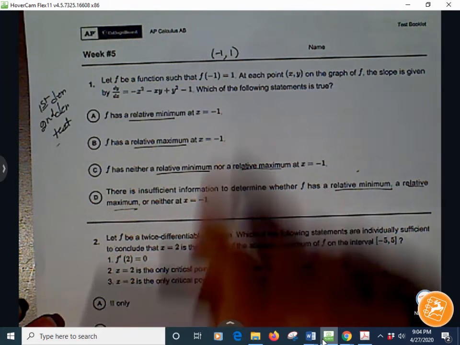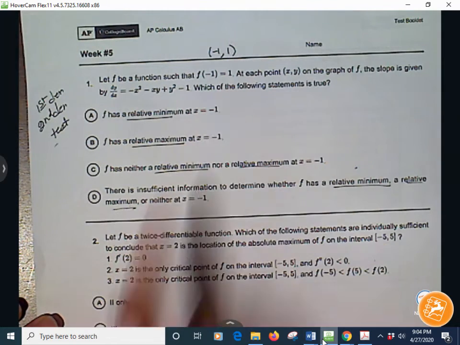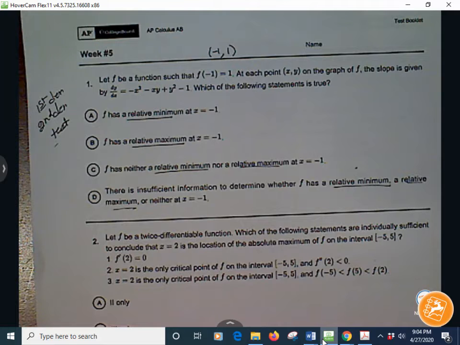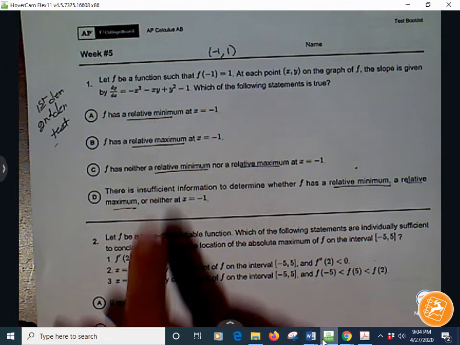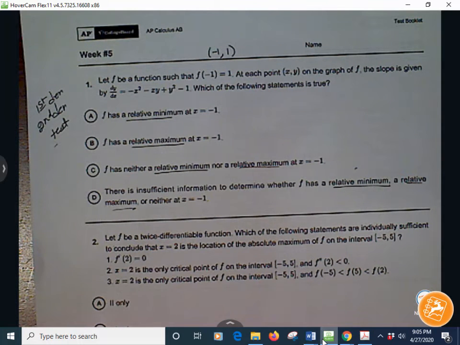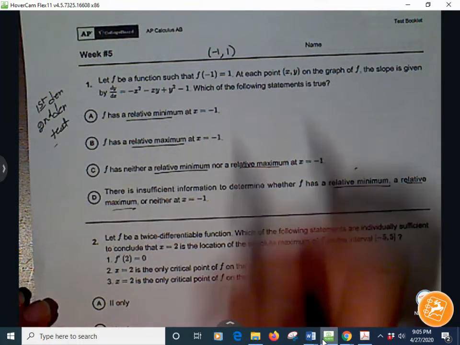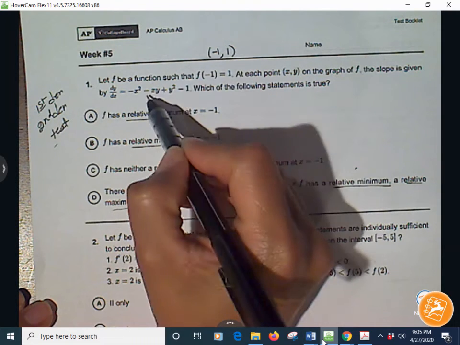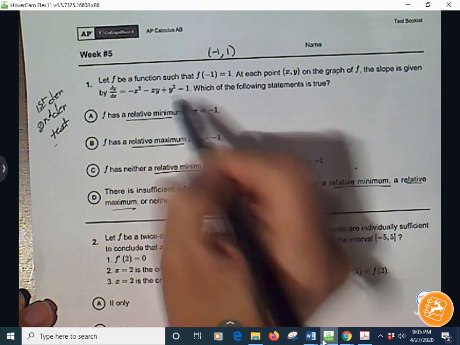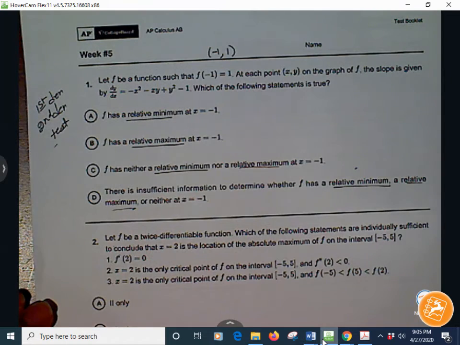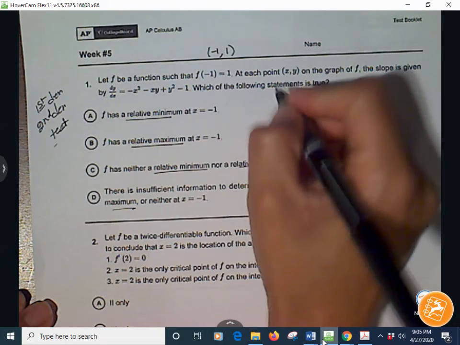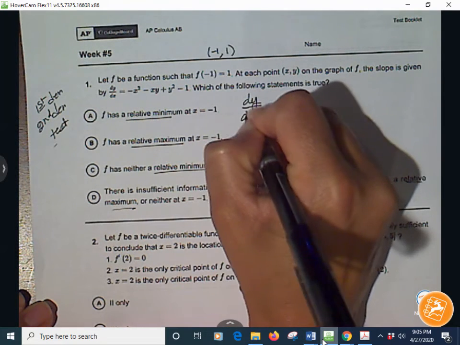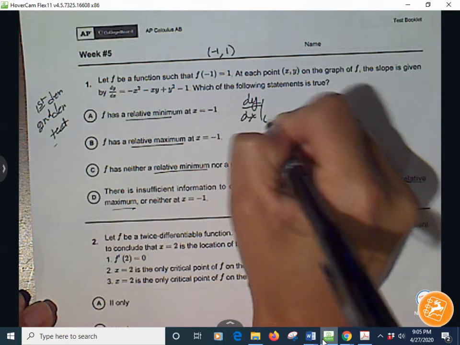Now, I have a point. I don't know the actual function, so I can't solve for x where it's equal to 0, but I can put this point in for x and y, and find out what the first derivative is at that point. So I'm going to find dy/dx evaluated at (-1, 1).